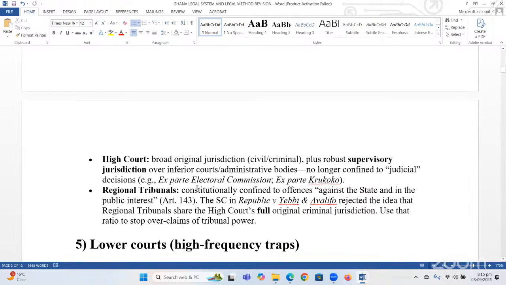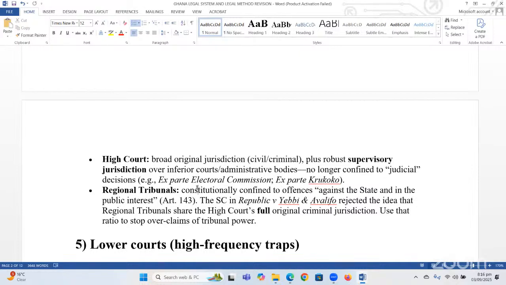But in the case of Republic versus Yebi and Avalifo, the Supreme Court rejected the idea that the regional tribunal shared the High Court's full original criminal jurisdiction. The High Court has no limit as far as its jurisdiction is concerned when it comes to criminal cases or civil cases, apart from the interpretation remit of the Supreme Court.